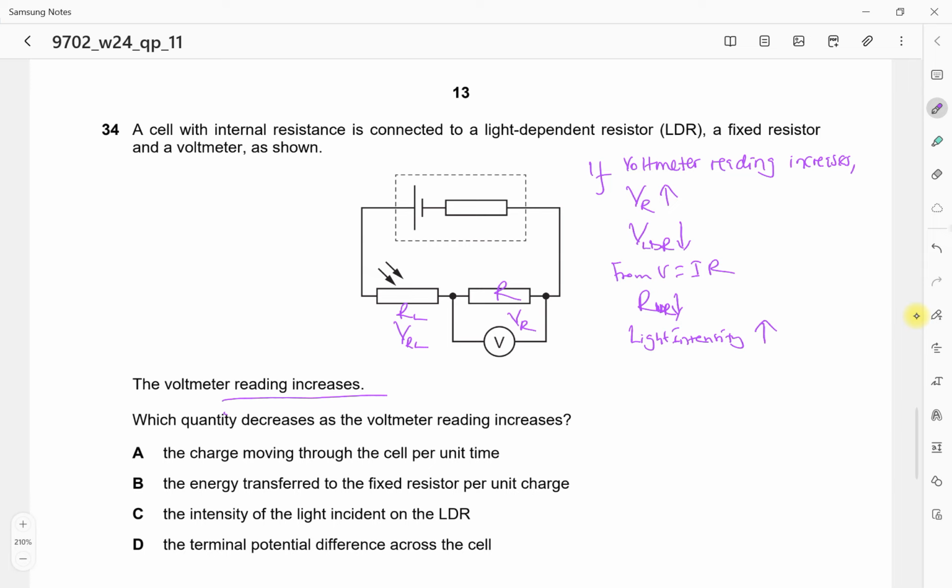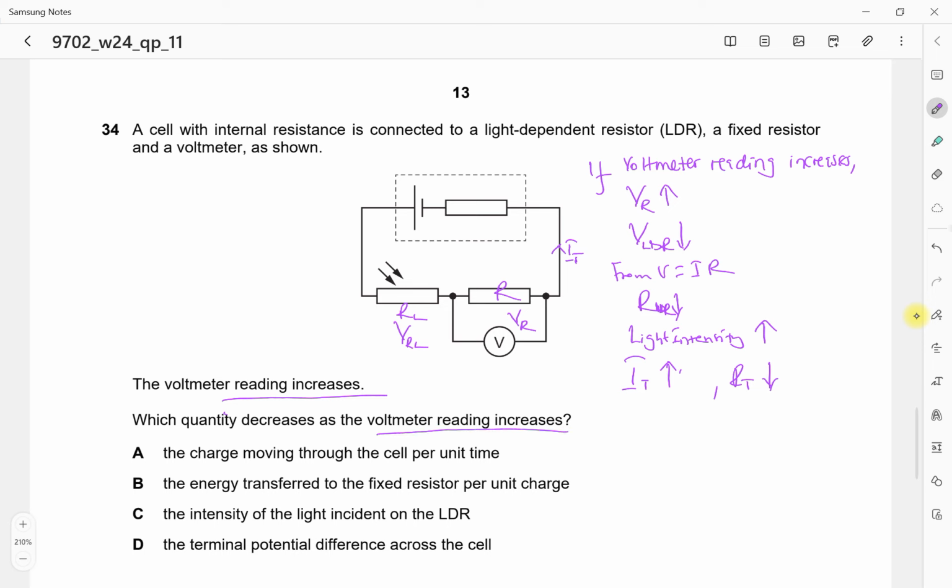Because the resistance of the LDR has decreased, then the total current, I total, must have increased, because total resistance must have decreased.